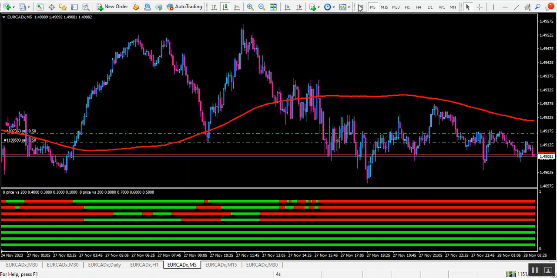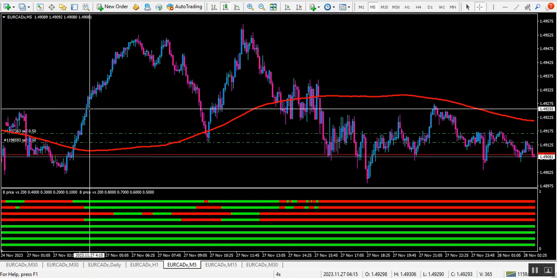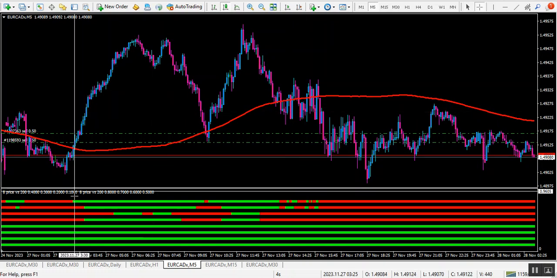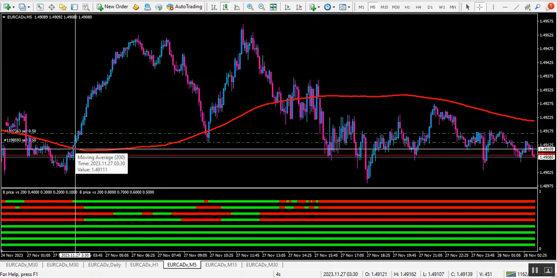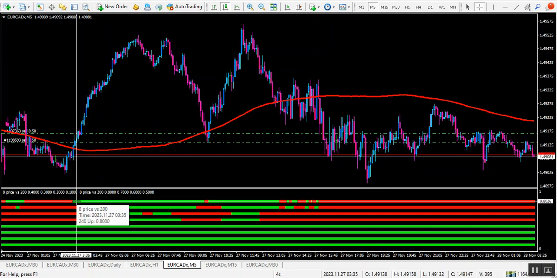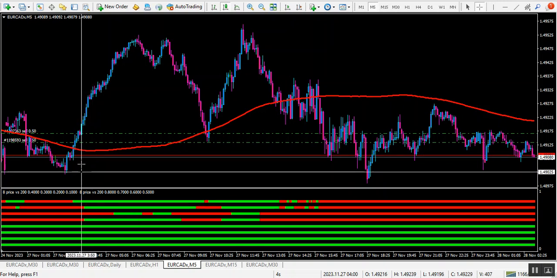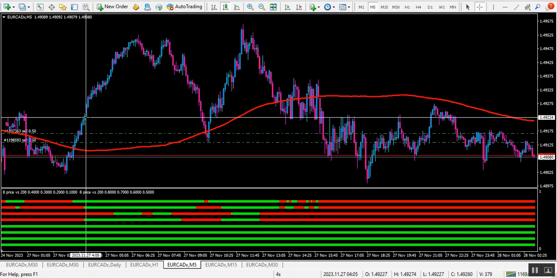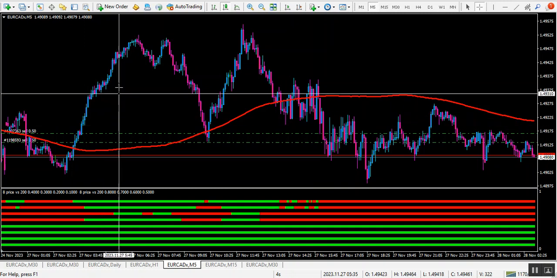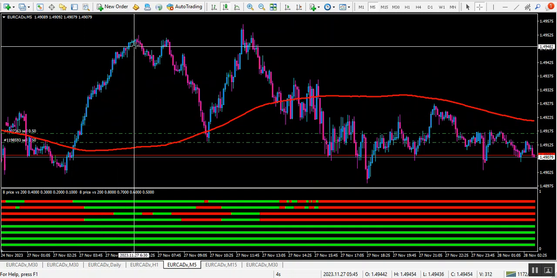Here you can see it moved above right here on the 5 minute. Shortly thereafter, it moved above on the 15. It must have moved above on the 15 about right here, and eventually moved above on all of them.